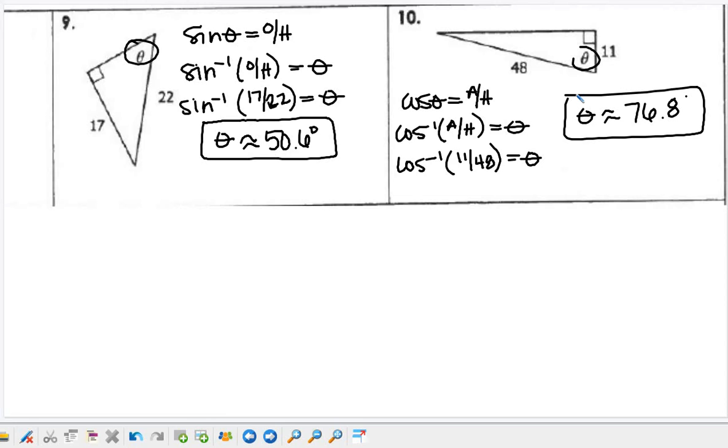Okay, so we have the ratio of cosine, adjacent, hypotenuse, cosine inverse, adjacent over hypotenuse, and do second cosine of 11 over 48, and you get approximately 76.8 degrees.